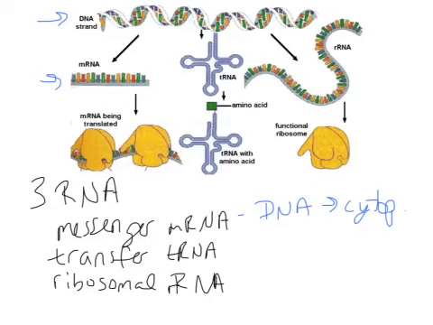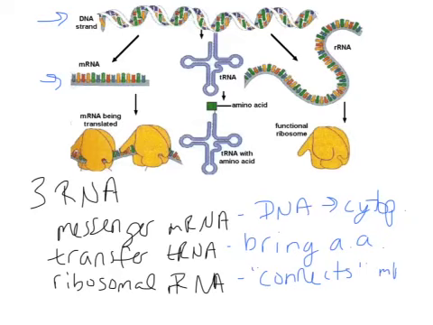Remember your transfer RNA, this is the one that brings the amino acid to the ribosome and the messenger RNA during the process of translation. And then the ribosomal RNA is part of the ribosomes. It acts as a connection, kind of, between the messenger RNA and the transfer RNA.